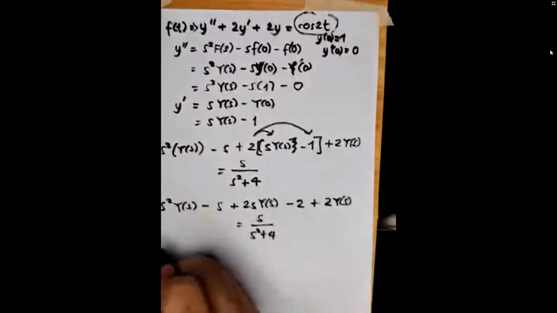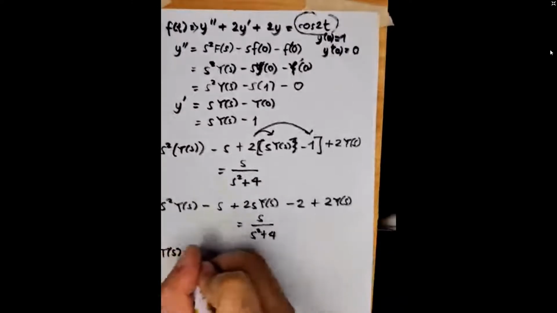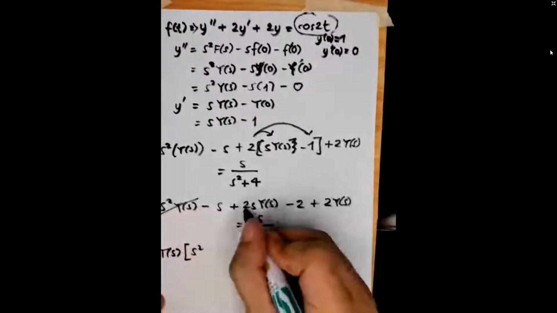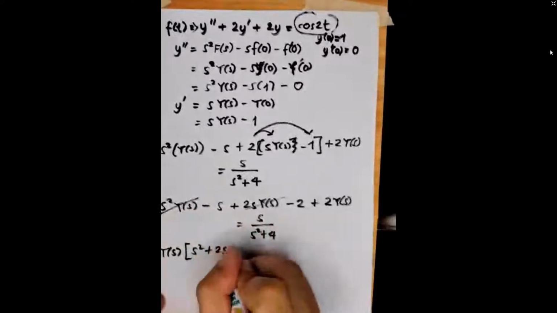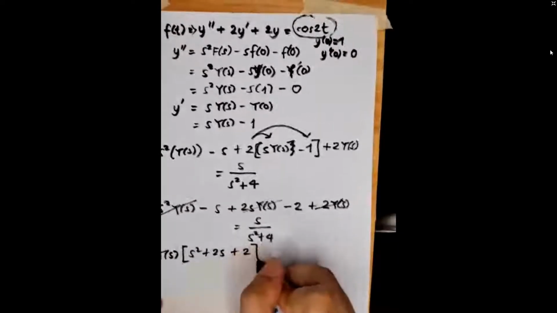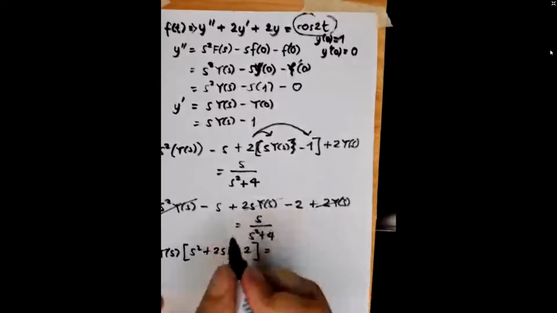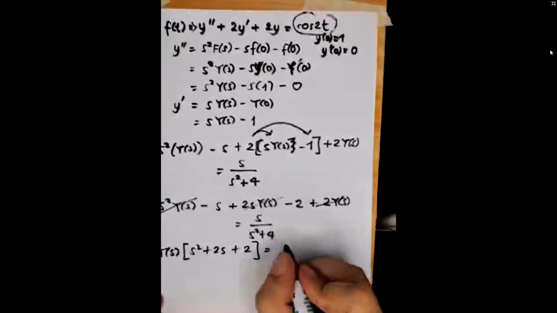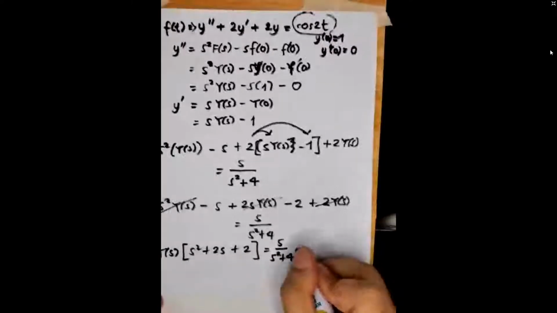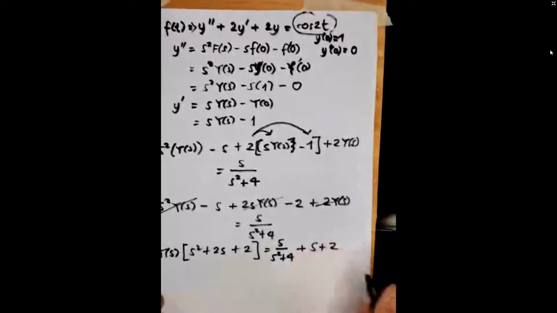Okay, so let's factor out y of s times s squared plus 2s plus 2. And then we transpose the remaining terms without y of s. Squared plus 4 plus s plus 2.